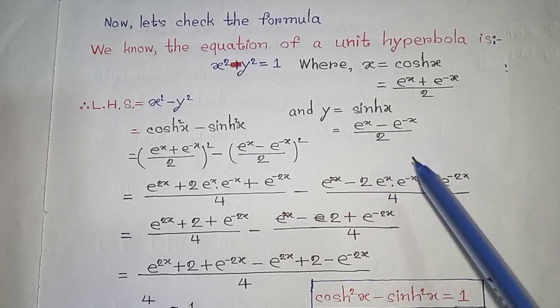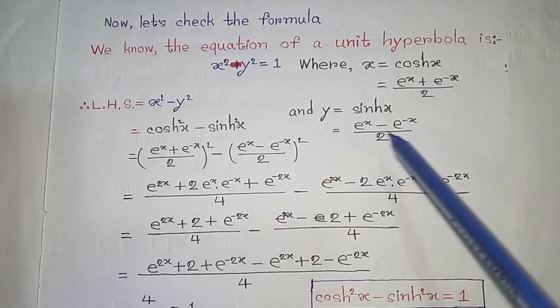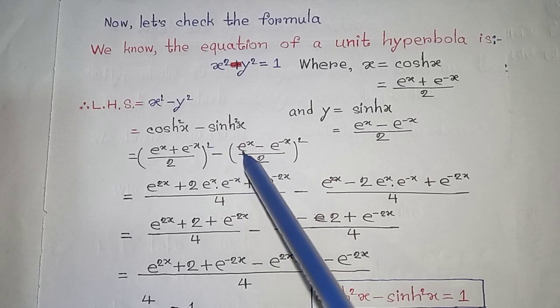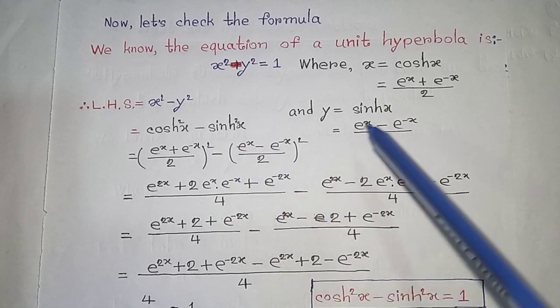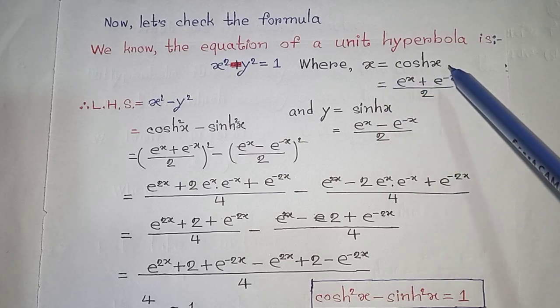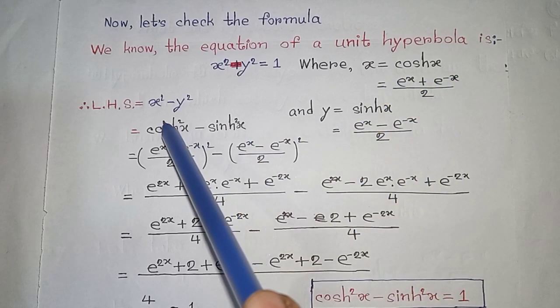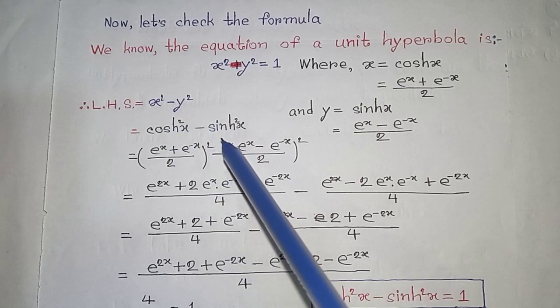So now we need to use these two functions instead of x here, and if we get 1, then we can say x is equal to cos hyperbolic x and y is equal to sine hyperbolic x satisfy this unit hyperbola's equation.